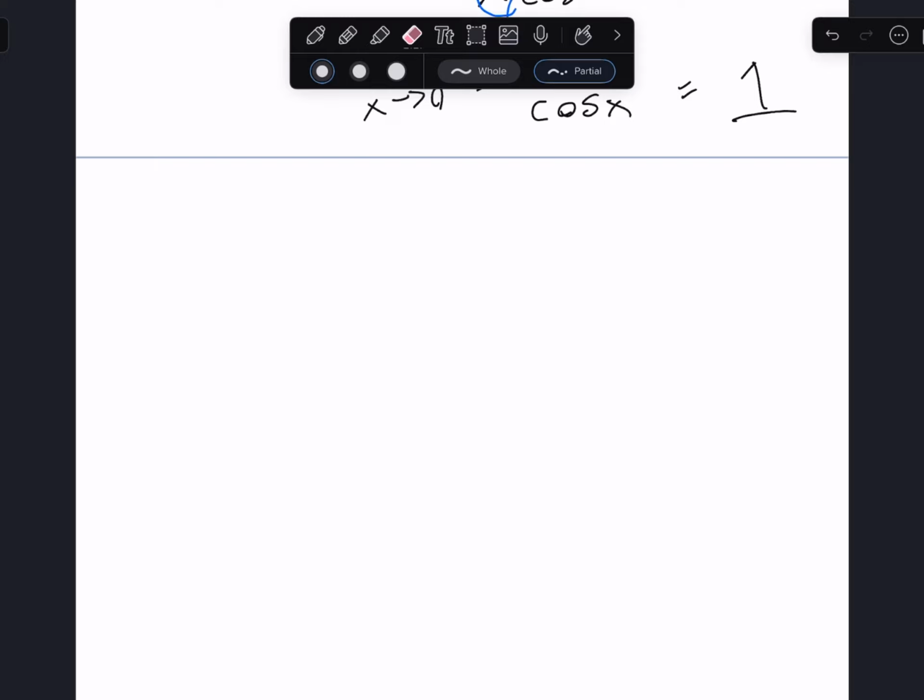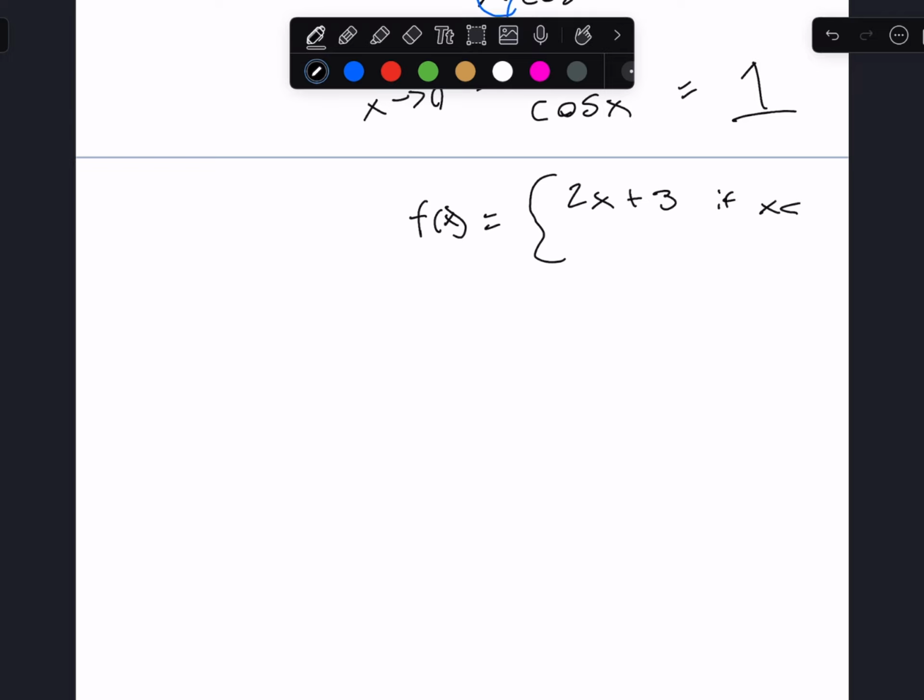Question 4. Question 4 is asking to find the value of the constant a that makes the given function f of x continuous for all of x. The function that the question is asking us to solve for is 2x plus 3 if x is less than 1, and ax minus 1 if x is greater than or equal to 1.